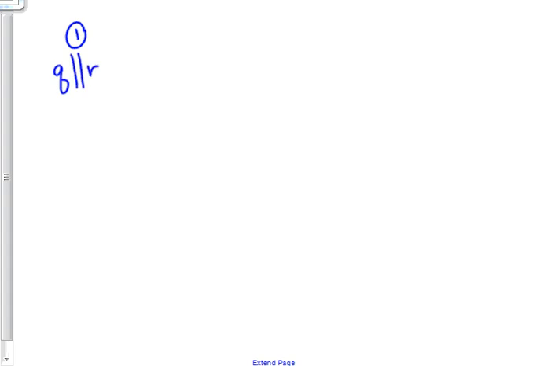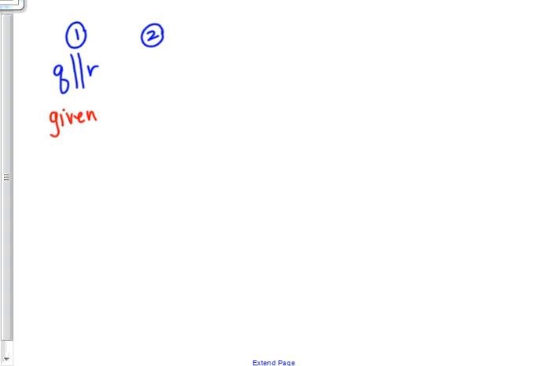And I'll write my reasons in red, so this is just given. And then step 2, I'm going to go ahead and say, because I can't use the corresponding angles theorem, which would be really quick to say that 1 and 2 are corresponding, but I have to go to 3.